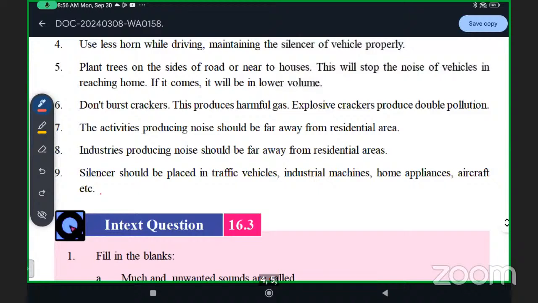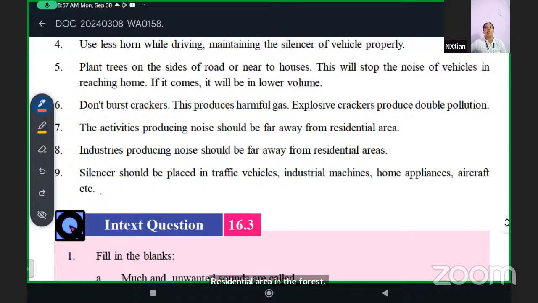Can't the factory move to the opposite side, away from the forest and the residential area? The factory will be opposite to the residential area across the forest. That's what you're trying to say. Basically, what happens? Suppose this is the city.